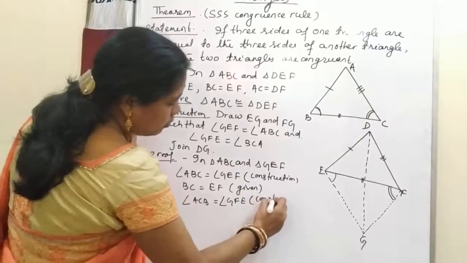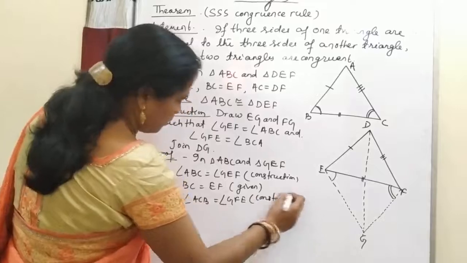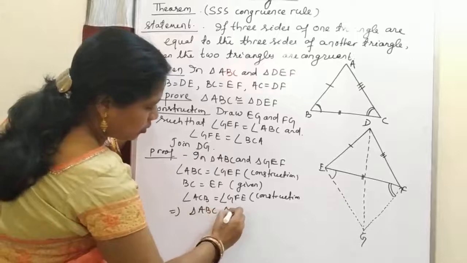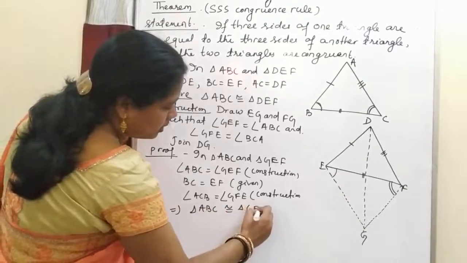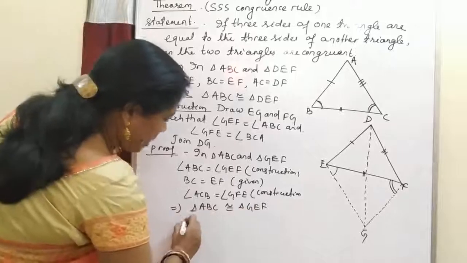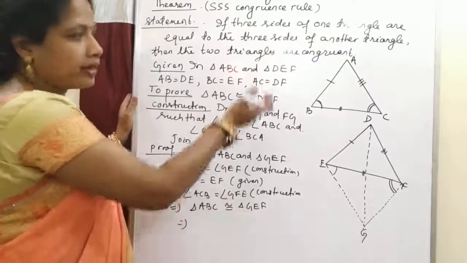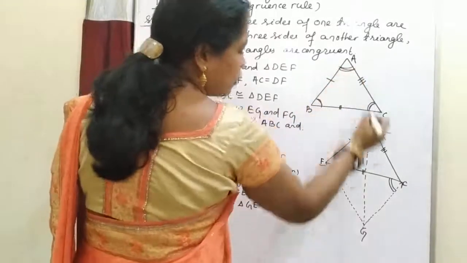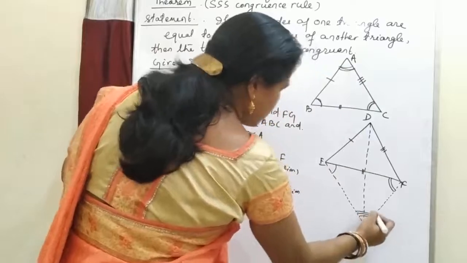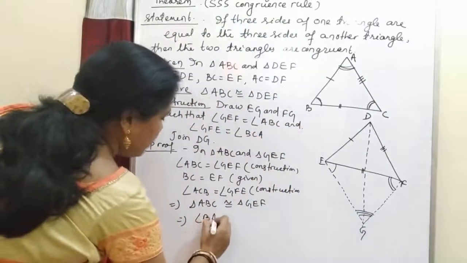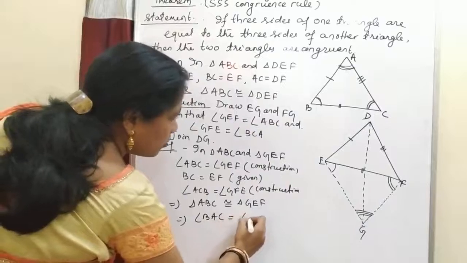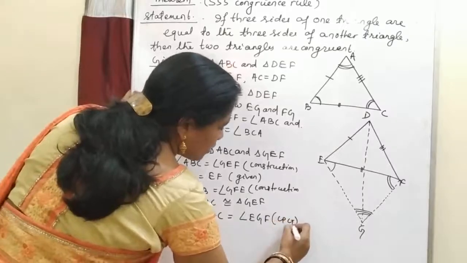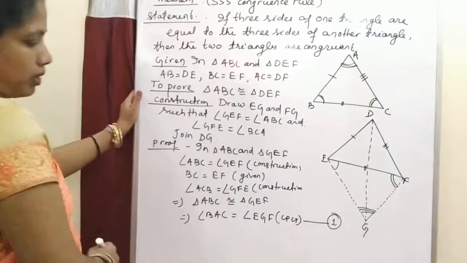This is also due to construction. So this implies triangle ABC is congruent to triangle GEF. If these two triangles are congruent, then corresponding parts are equal. Then angle A will be equal to angle G. So this implies angle BAC is equal to angle EGF. This is our equation 1.